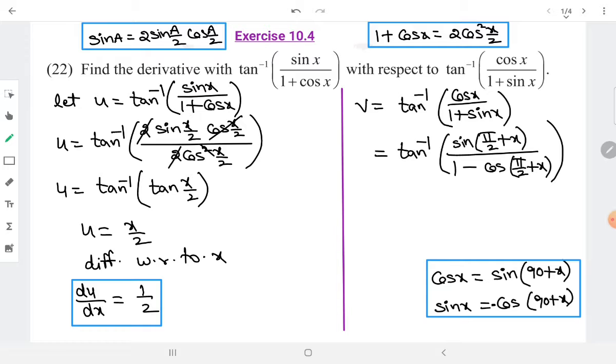Now again we are going to apply the same formula we have seen here: sin a means 2 sin a by 2 cos a by 2. Consider this particular term as a.